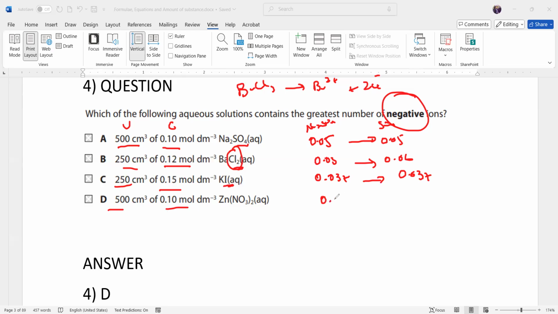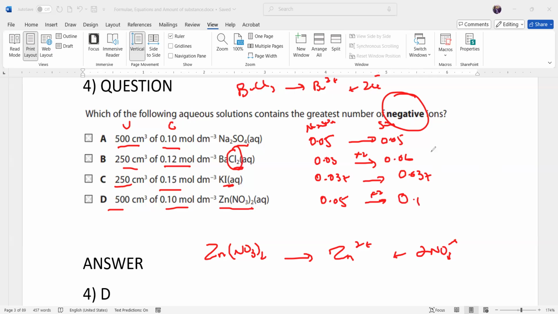So we got 0.05 moles. But how many negative ions are there in zinc nitrate? Zinc nitrate will break down into ions in aqueous solution, so it will produce one zinc ion and two nitrate ions. So this will become twice. So 0.05 becomes twice, it means 0.1.